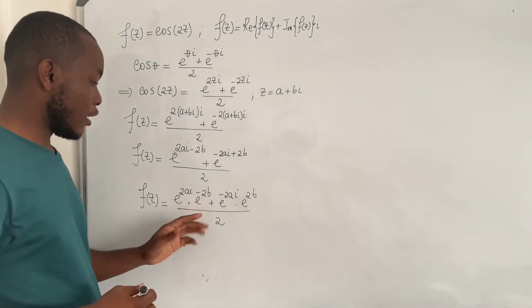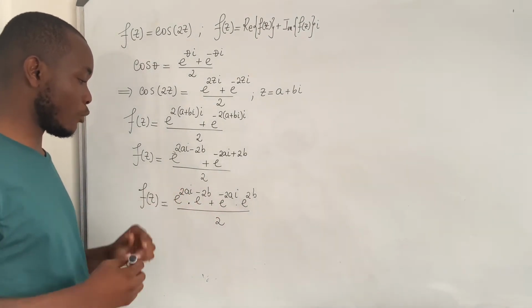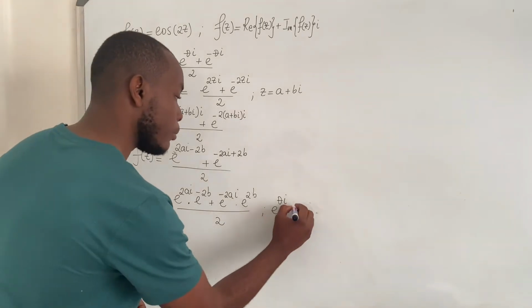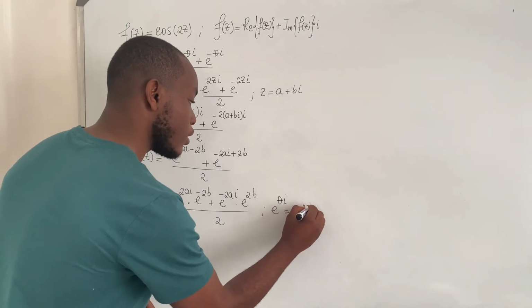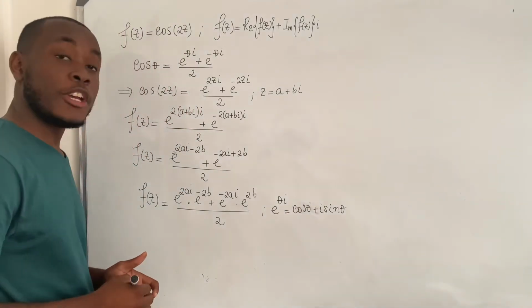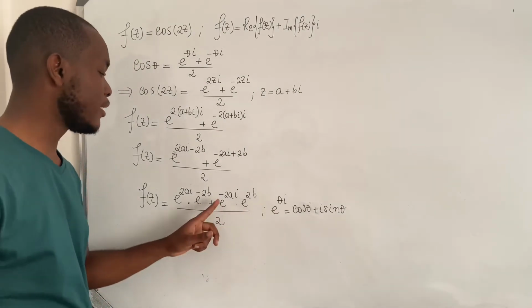Now, having that, what can we do? We can apply Euler's formula here. So we can remind ourselves that e to the power theta i is cos theta plus i sine theta. Okay, having that in mind, we can apply this identity here.